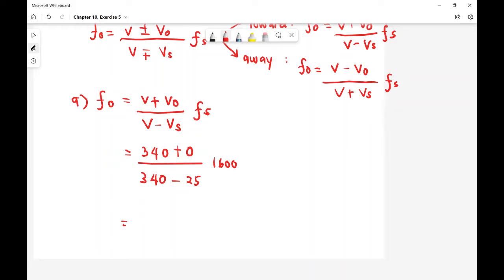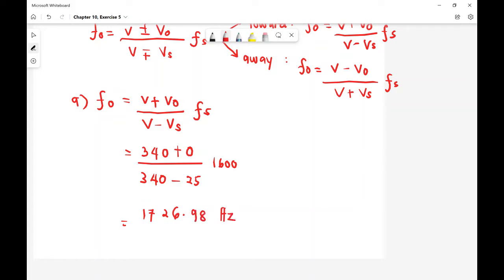Kita boleh dapat answer lah. 340 over in bracket 340 minus 25, dapat answer baru darab dengan 1600. So kamu akan dapat jawapan dia adalah 1706.98 Hz.